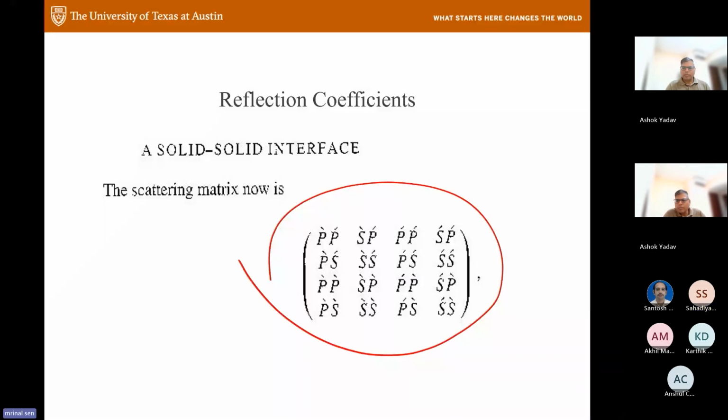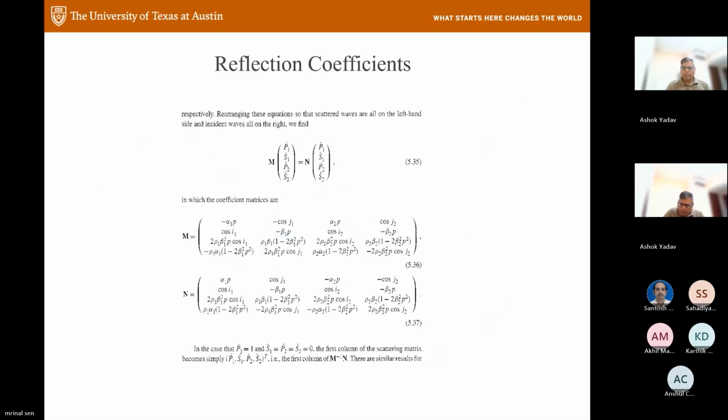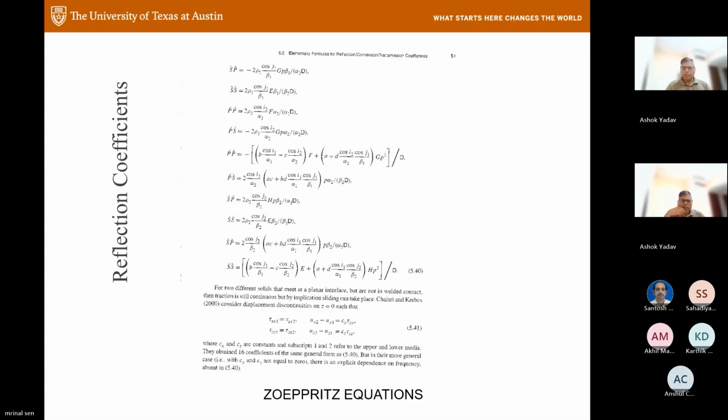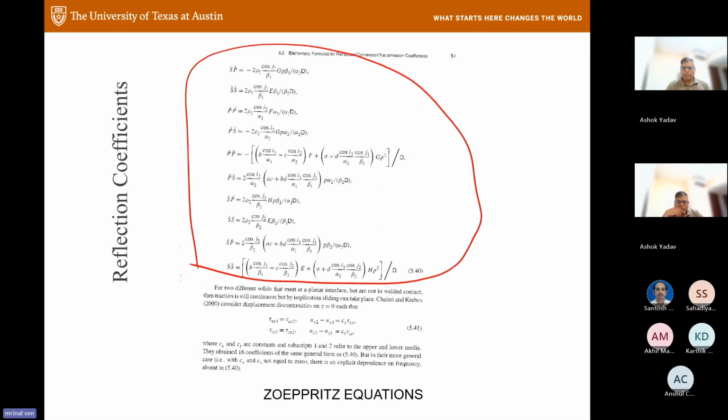Remember this symbol, this is down up. P and S is obvious, and we're talking about PSV only. SH is totally decoupled from here. And then you get a matrix equation, and this is basically the equation for reflection and transmission coefficients.